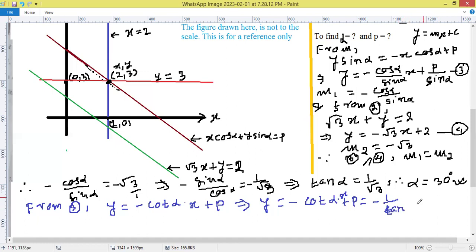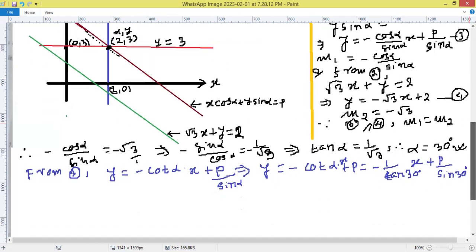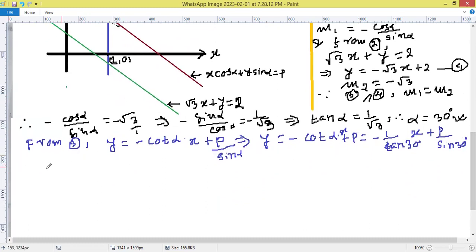Alpha in this case is 30 degrees, so you write here 30 degrees, and then it is x, and then it is p by sin alpha also. Yes, p by sin alpha. Sin alpha means here sin 30 degrees.